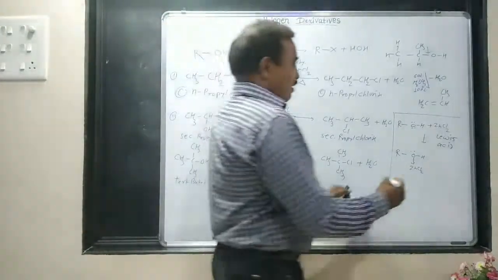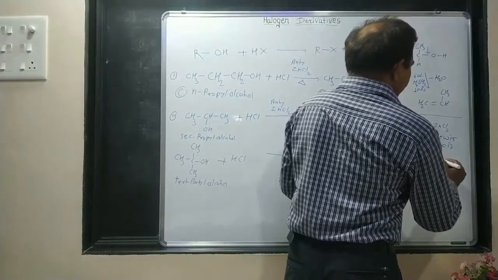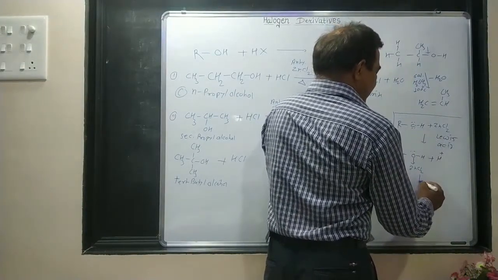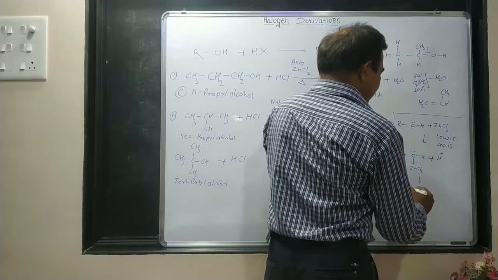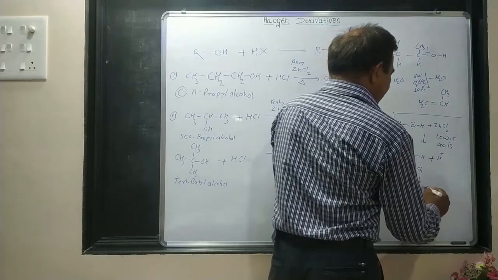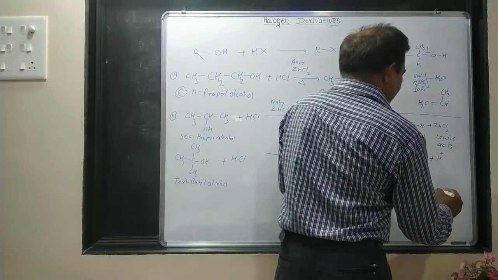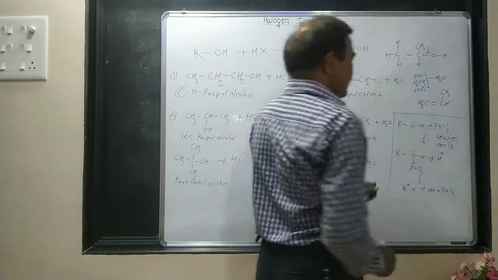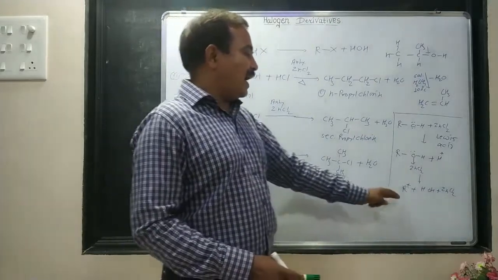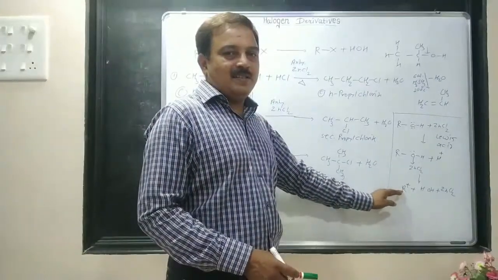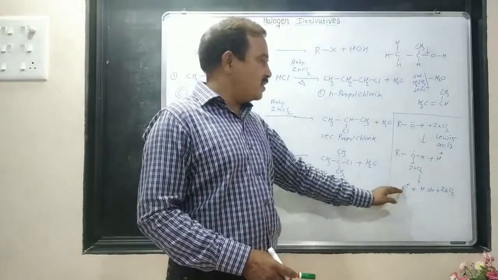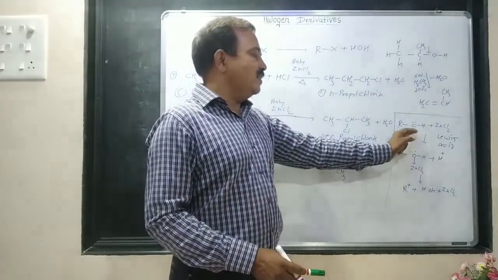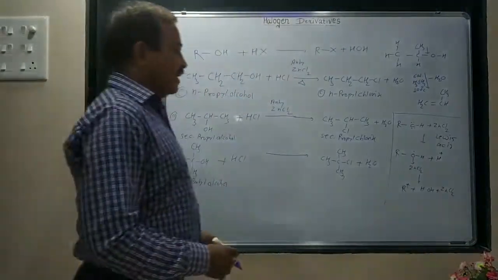Now when a proton of an acid reacts with this, it gives a carbocation, HOH, and the ZnCl2 will be released again. Here carbocation formation takes place.